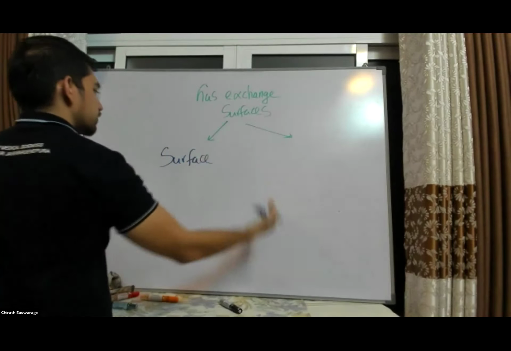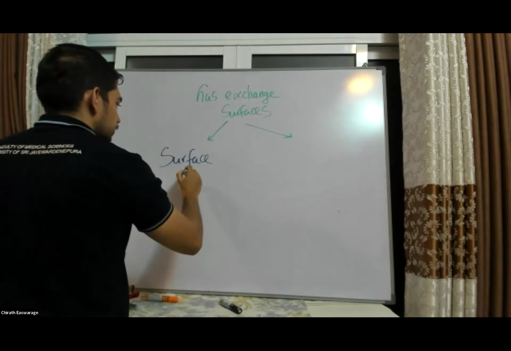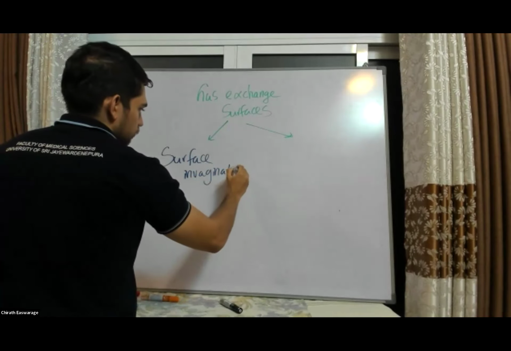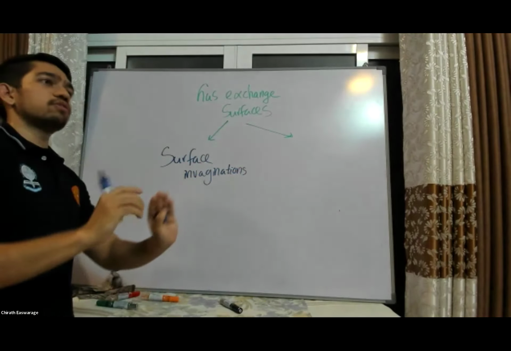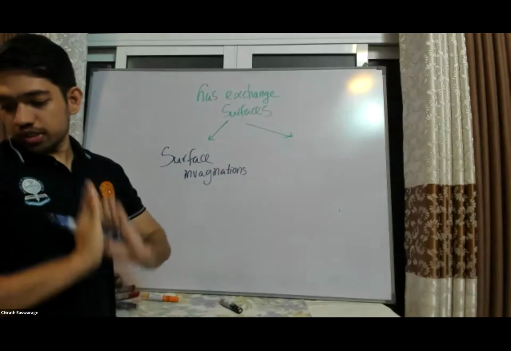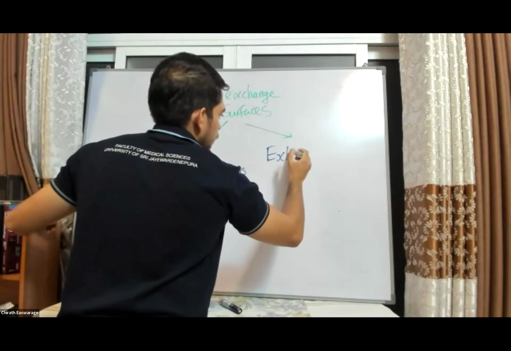Your body surface is going to curve inside into your body. Surface invaginations. What is the other thing? Your external body surface is going to project out. Those are called external projections.